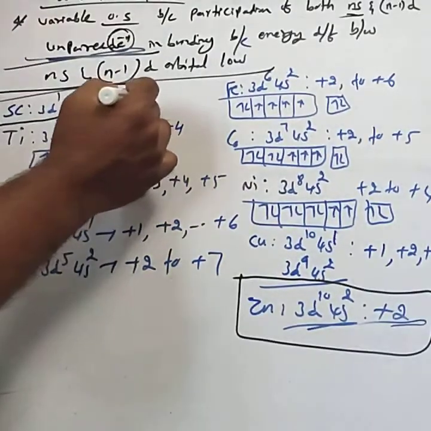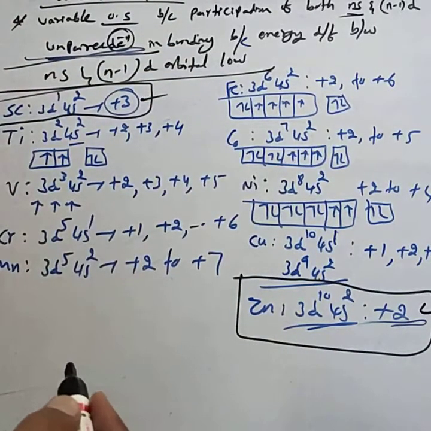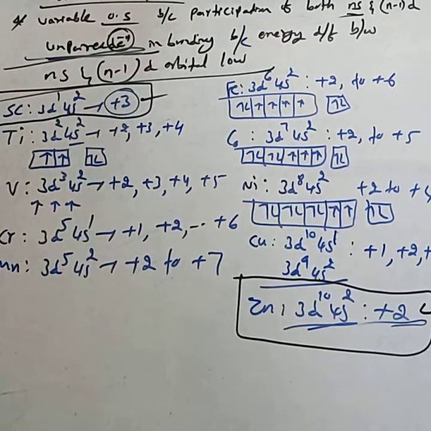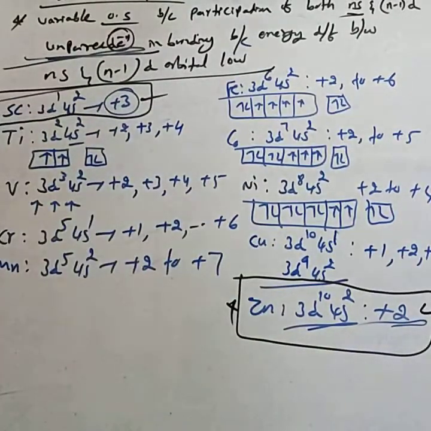Scandium's oxidation state is only +3 and zinc's is +2. They can ask it for one mark: name the 3d series elements which do not show variable oxidation state; you can write either scandium or zinc.